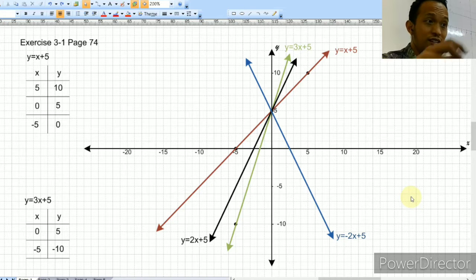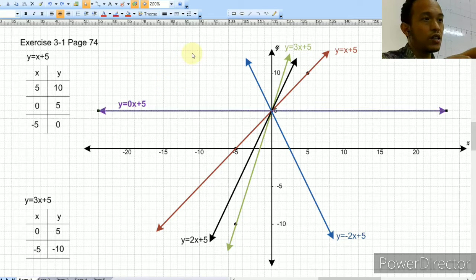Even if I use one more, y equals 0x plus 5, the graph will be like this. I will explain further why it becomes a horizontal line like this, but in the end, you get the hint. They all intersect the y-axis at 0, 5.